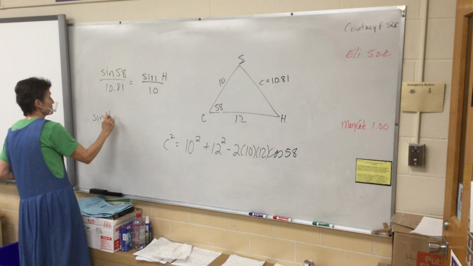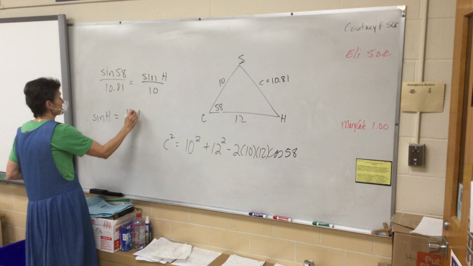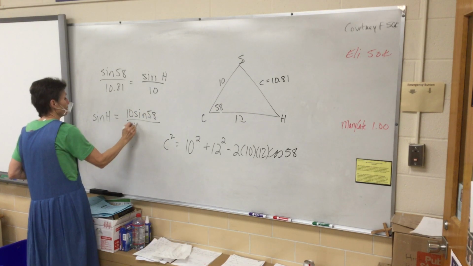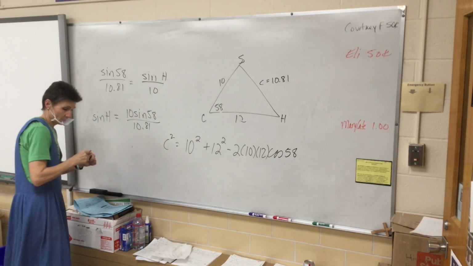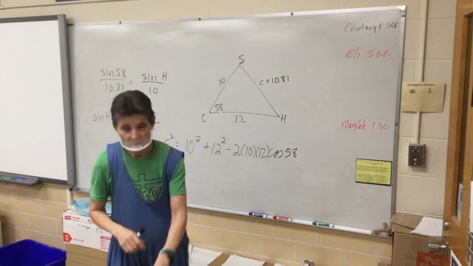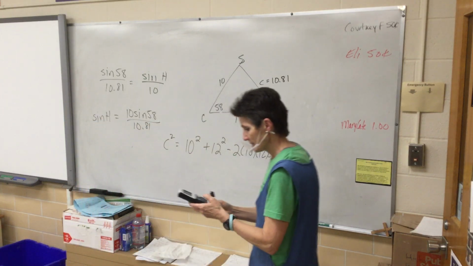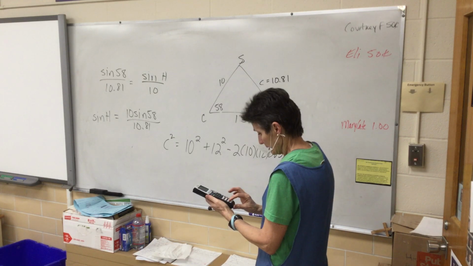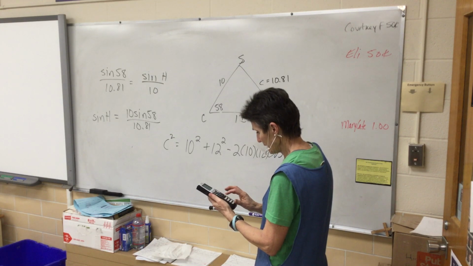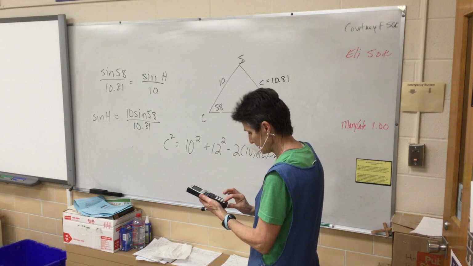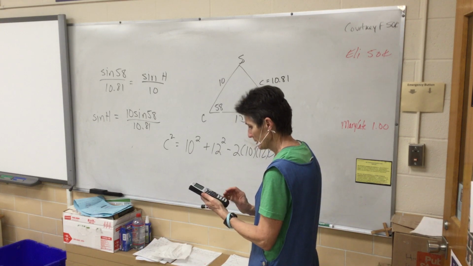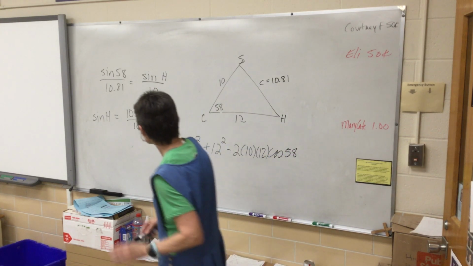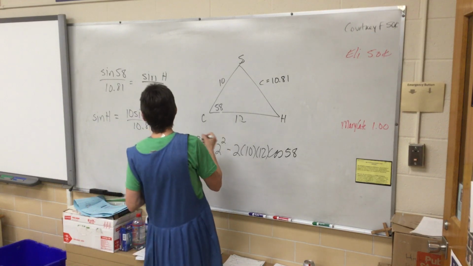This is sine h equals 10 sine 58 over 10.81. So what do I have to type to do that one? That's going to be a second sine. 10 sine 58 close parentheses divided by 10.81. So 51.67 is h.